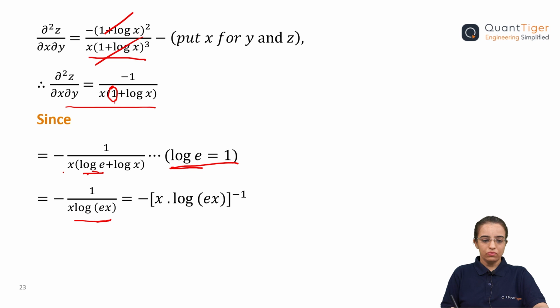So x into log e, here instead of 1 I put log e. Now these two logs are in addition, so instead of addition I can replace it with multiplication by using the log rule. Then I can format it in a different way. This is in the denominator, so I just put it in the numerator. So it became the power minus 1.